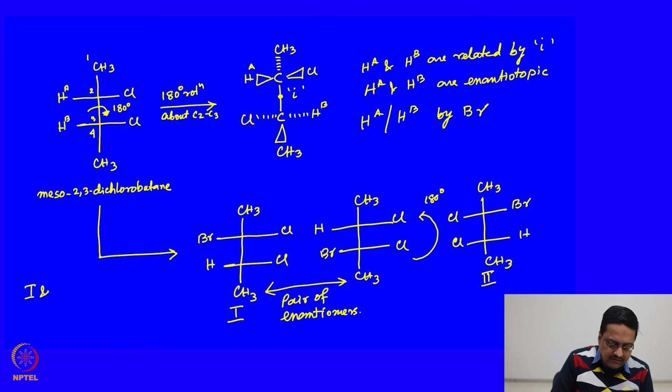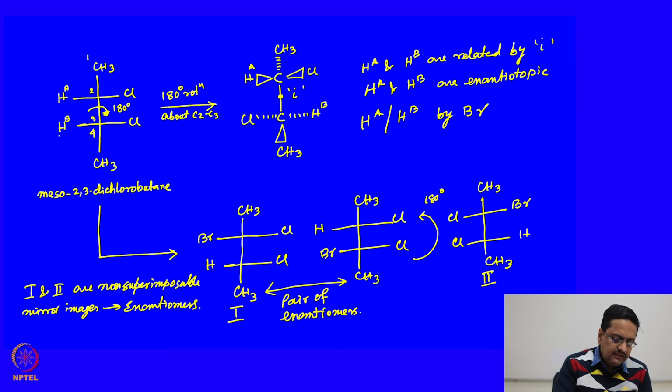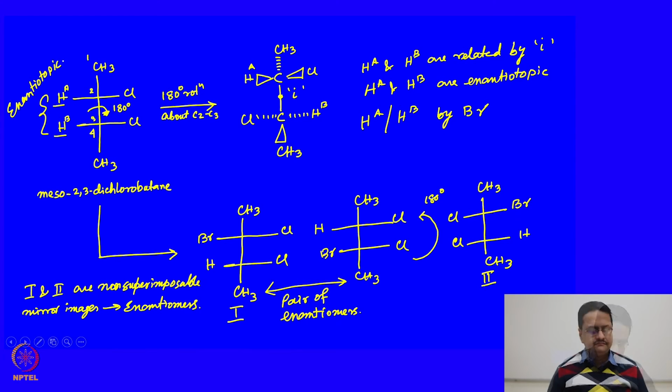So, 1 and 2 are non-superimposable mirror images, therefore, they are enantiomers. Therefore, these two hydrogens can be termed as enantiotopic hydrogens. Let us take one more example.